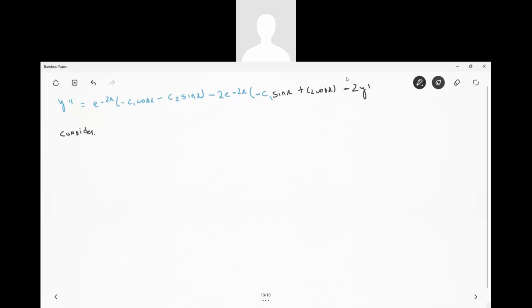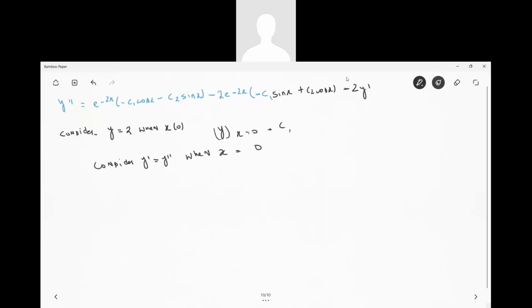Consider y is equal to 2 when x is equal to 0. When x is equal to 0, you can get the value of C1, right? And consider, the second case is y dash is equal to y double dash when x is equal to 0.